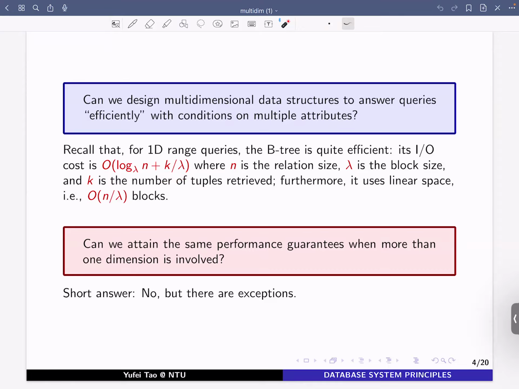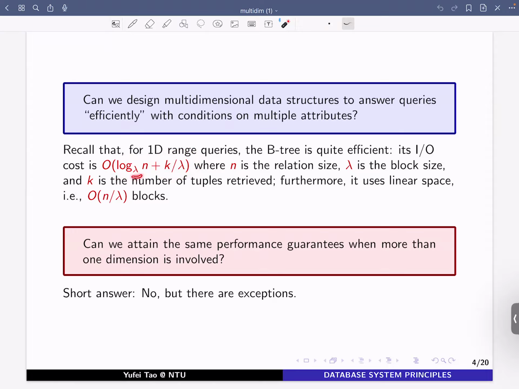We usually refer to this term as the linear output cost, because no matter what data structure you use, you will always have to pay such a cost. Other than this linear cost, you can see that the B tree is super efficient. You only have this logarithmic term there.